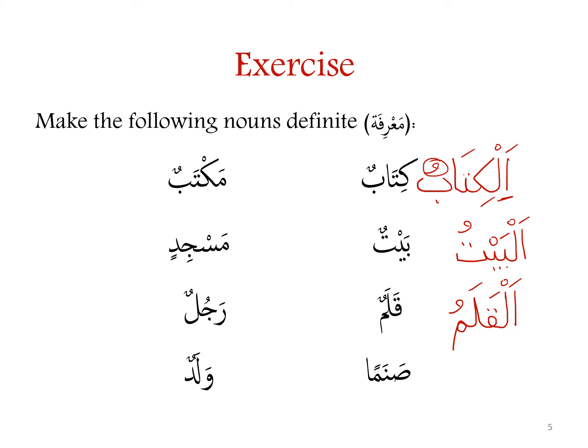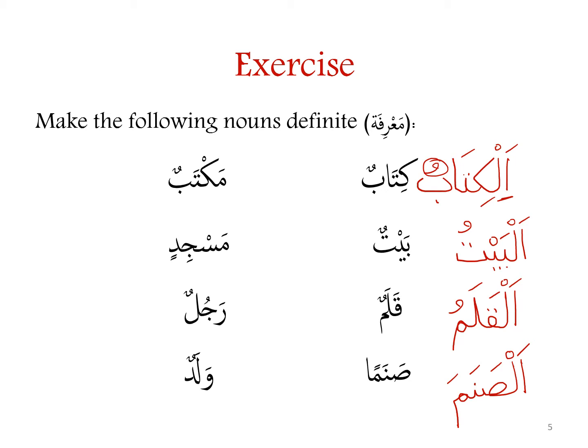So sanaman, we would put the alif lam. It becomes al-sanama. Now obviously because there is no longer a tanween fatha, we don't need that alif on the end. It can just look like the normal meem.